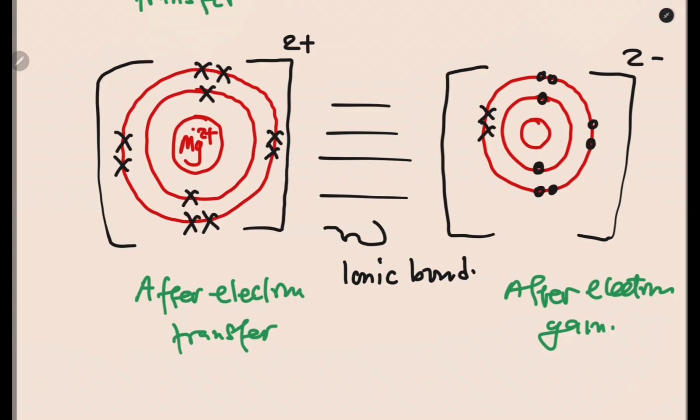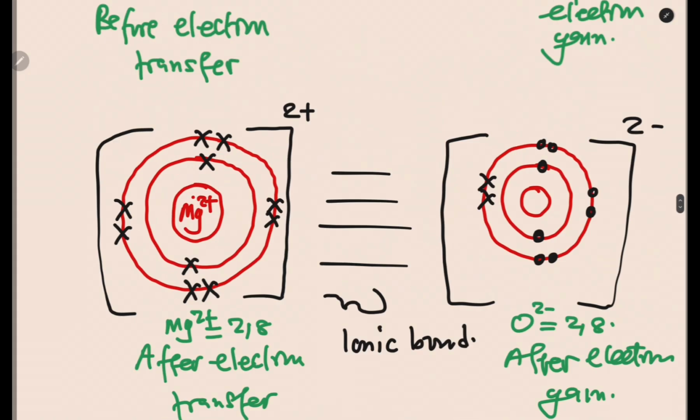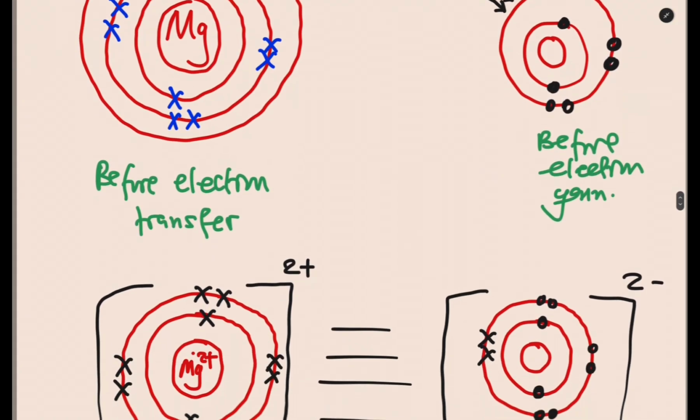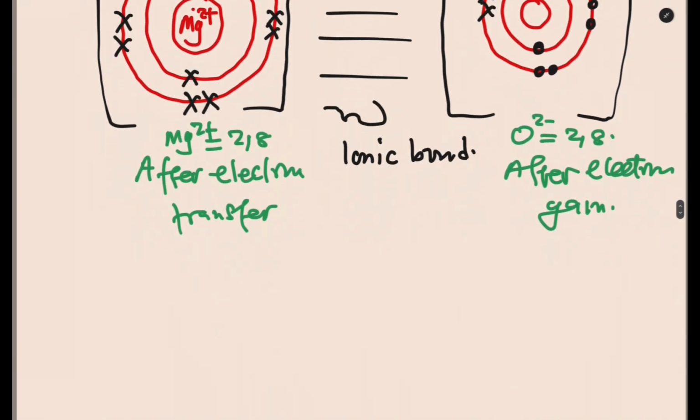So this is how the ions are going to become. This is magnesium, positive ion 2, 8. This is oxygen, negative ion, which is 2, 8. So this is how it is going to be. So this is how the process of ion formation or ionic bond formation occurs.